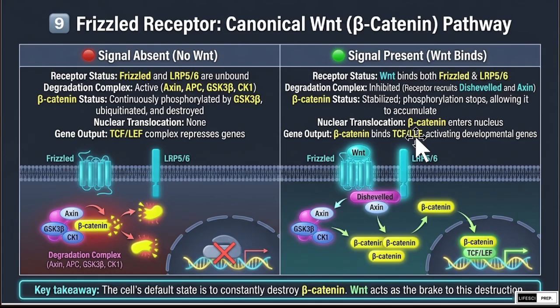As a note, the cell default state is beta catenin continuously destroyed, but Wnt acts as a brake to the destruction.